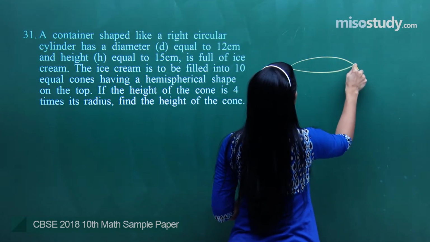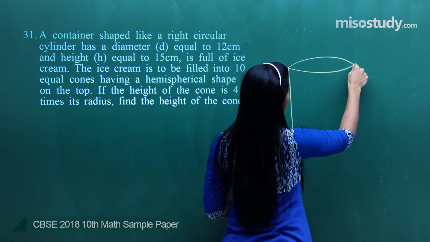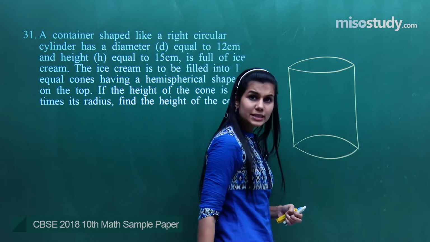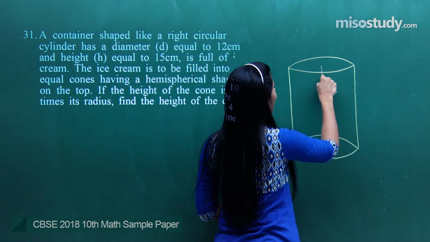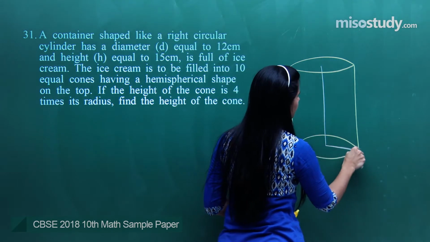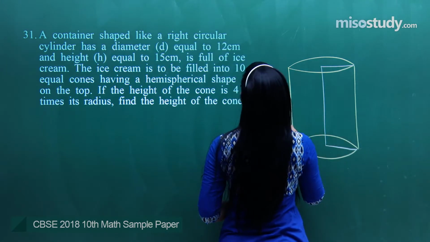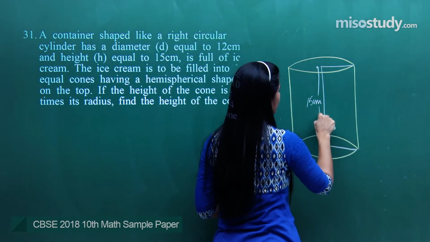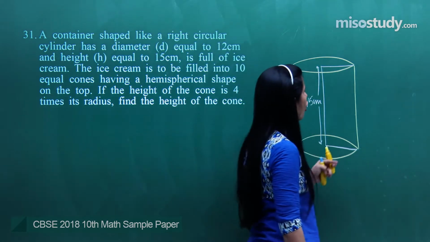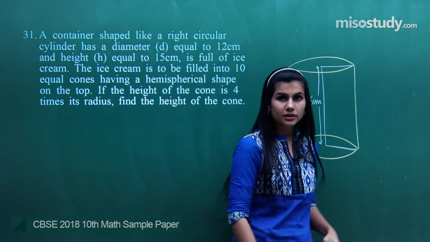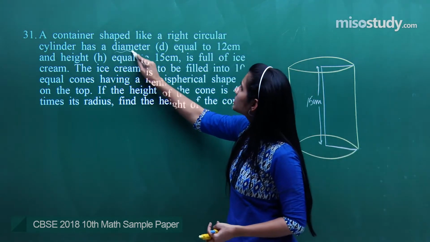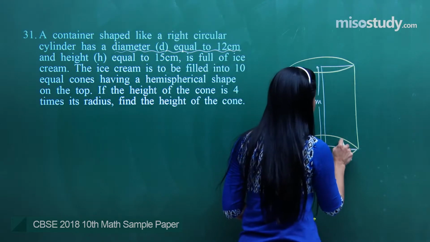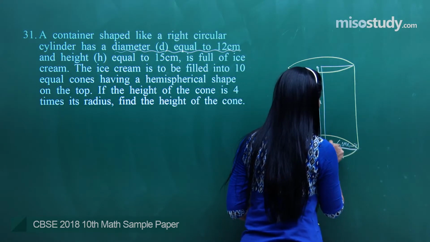So I have a right circular cylinder. This is my right circular cylinder with the height of the cylinder given to me as 15 centimeters, and the radius of the base of the cylinder is given because the diameter is given to be 12 centimeters, and therefore the radius is half of 12, which is 6 centimeters.